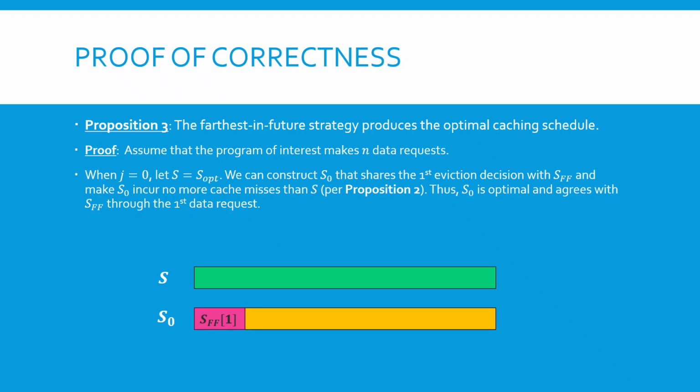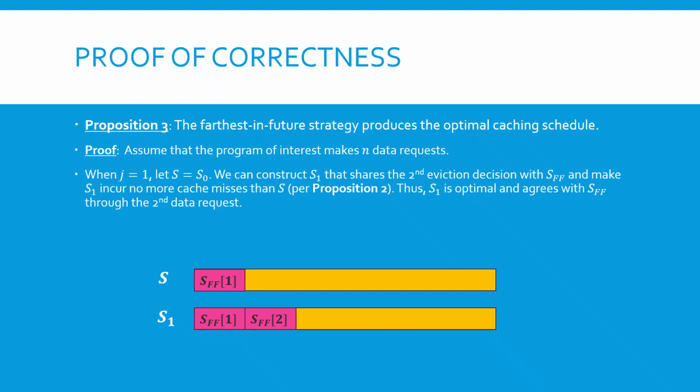Denote this schedule as S0. Note that S0 agrees with SFF on the first decision. For the next step, set J equals 1 and let S equal S0.